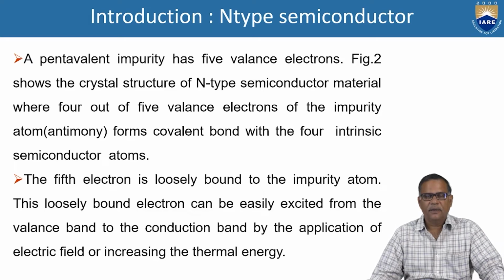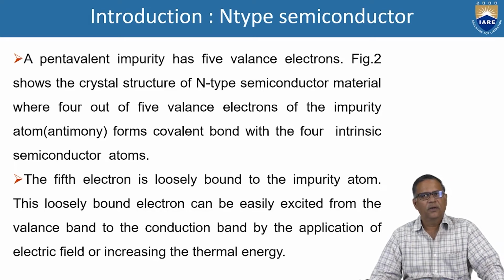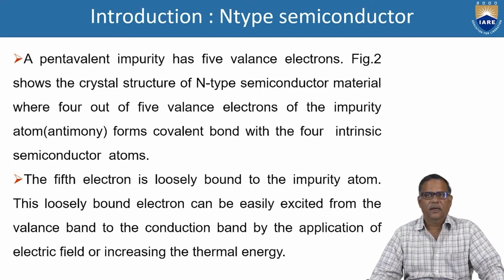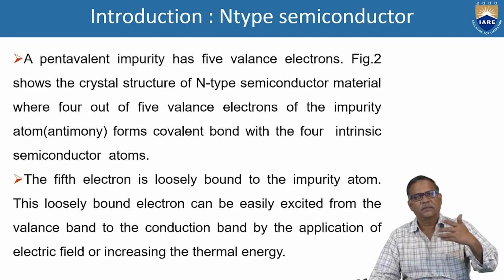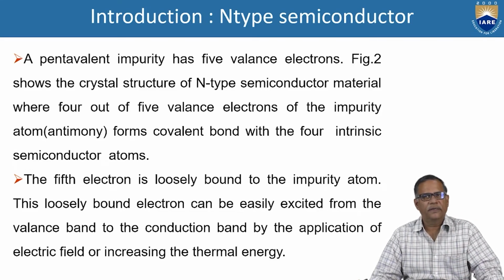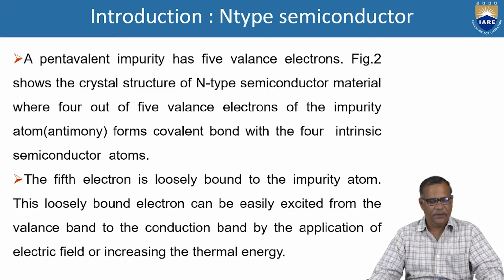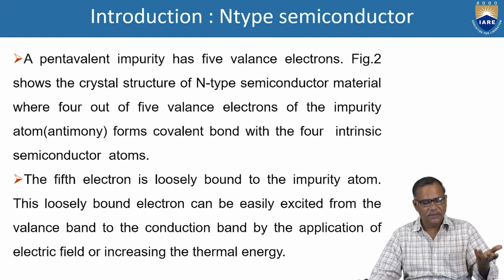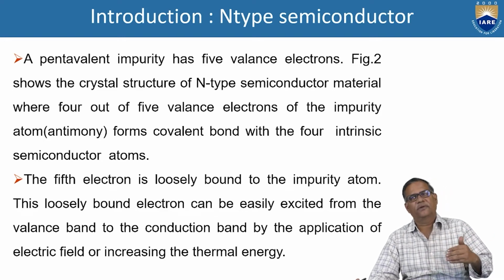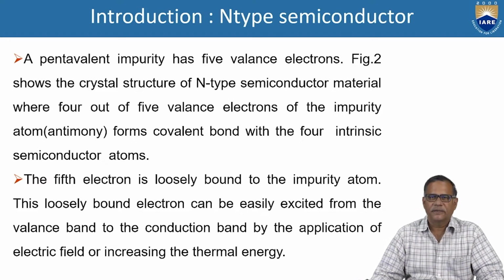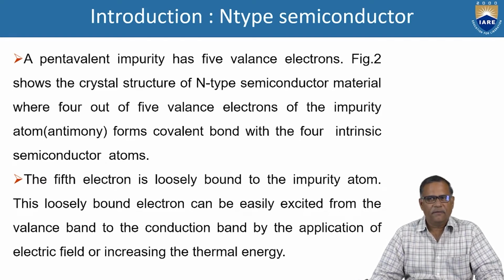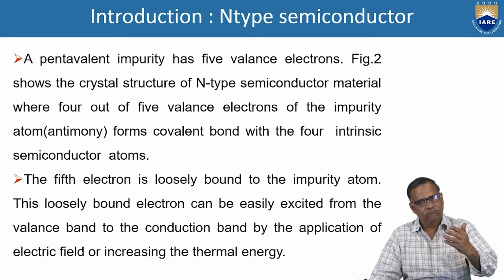The pentavalent impurity, as we discussed, has 5 valence electrons, and 4 of these form covalent bonds with the adjacent intrinsic semiconductor atoms. The fifth electron, which is extra and loosely bound to the impurity atom, gets easily excited from the valence band to the conduction band by the application of electric field or by the application of temperature.